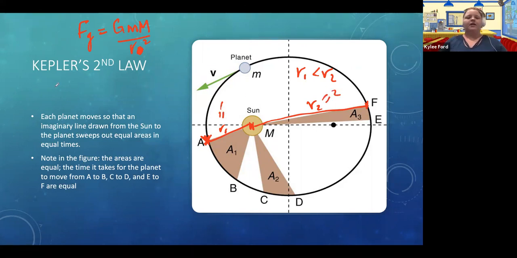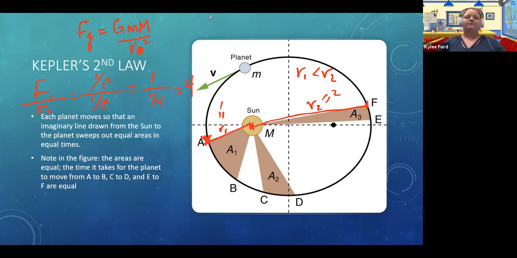If I'm comparing the two, so F1 over F2, this would give me 1 over 2 squared. So this is like 1 over 1/4, or we can say that F2 is going to be 4 times the amount of F1. Because if we flip it over, that's just equal to 4.